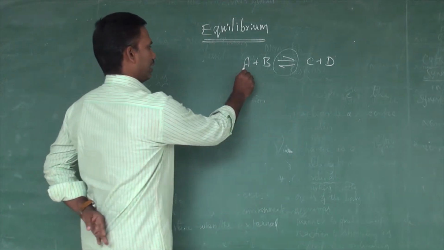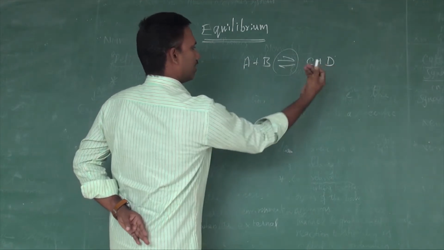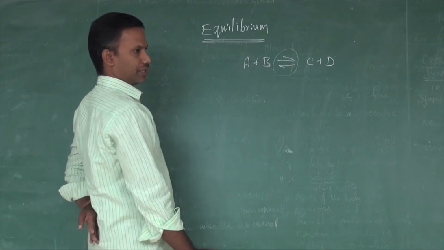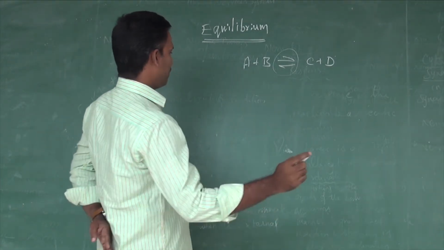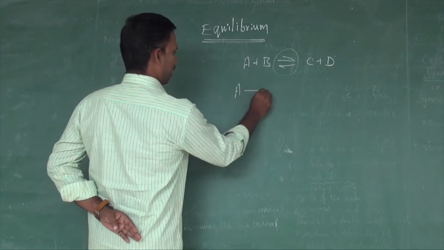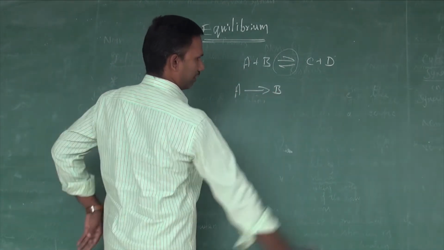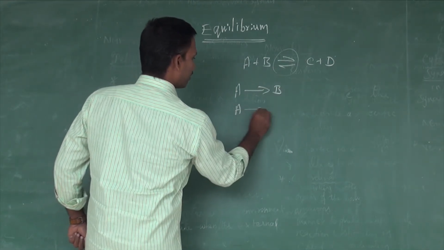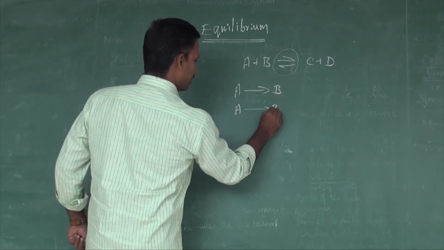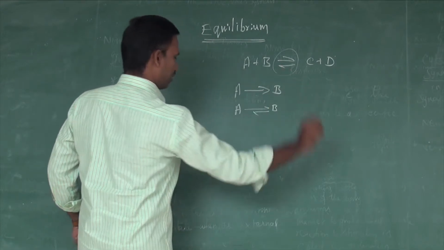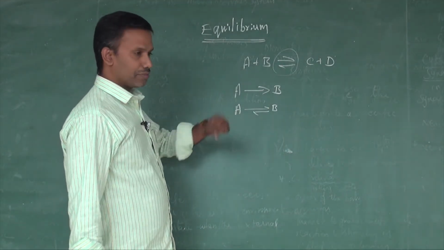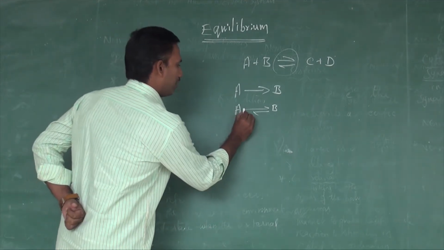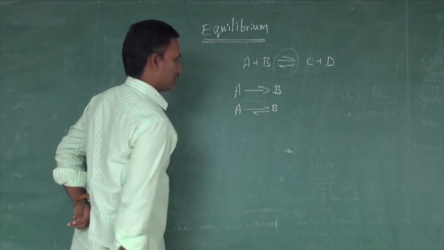See here, A plus B gives C plus D. At the same time, C plus D can also produce A and B. That is called a reversible reaction. Before that, if A gives B, that is only a forward reaction. Sometimes B reverts to A, which means it is a reversible reaction, but it is not an equilibrium process, because in the forward direction the reaction goes very fast.